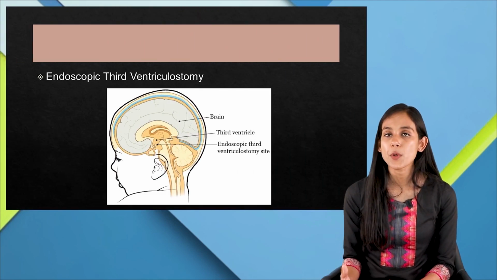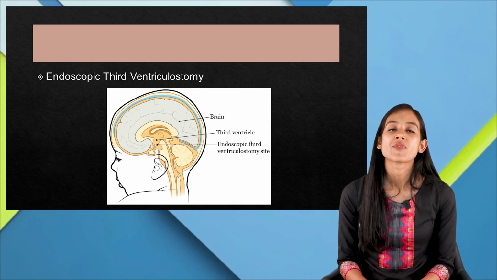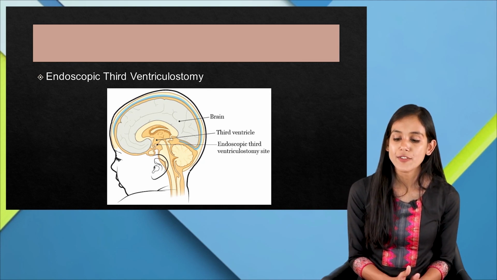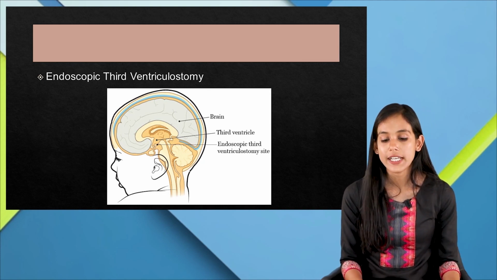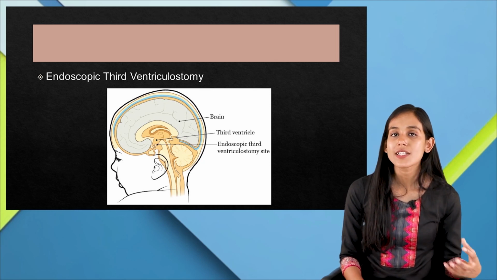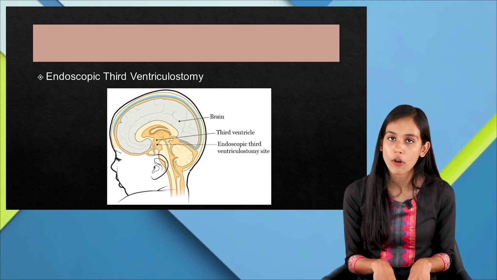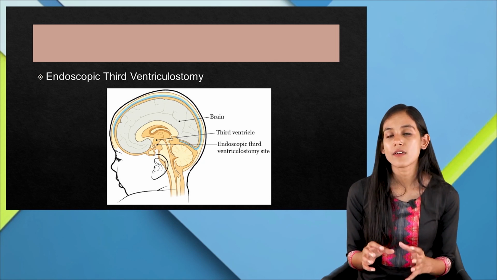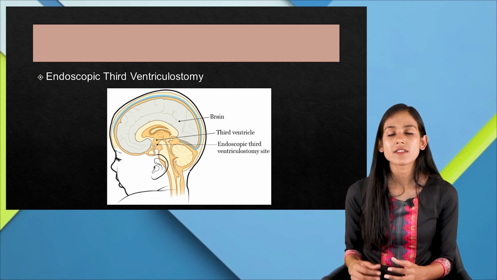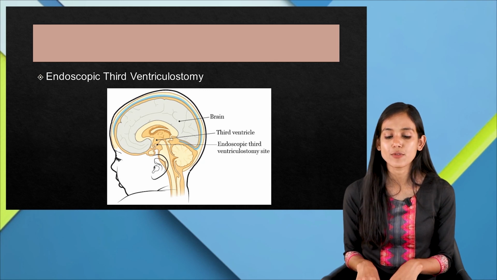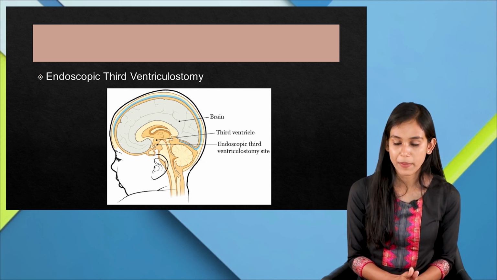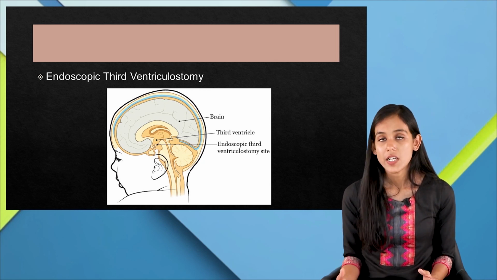And then there is endoscopic third ventriculostomy. This is basically an alternative procedure to shunt surgery, and this procedure involves making a hole in the floor of the brain, and that allows the trapped CSF to escape to the surface of the brain. There it can be absorbed.